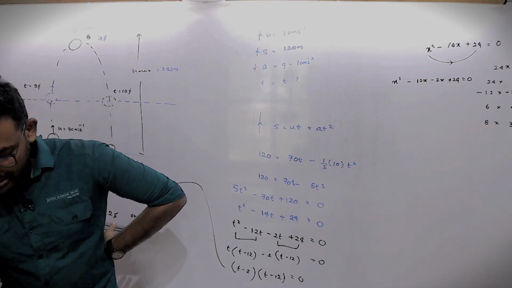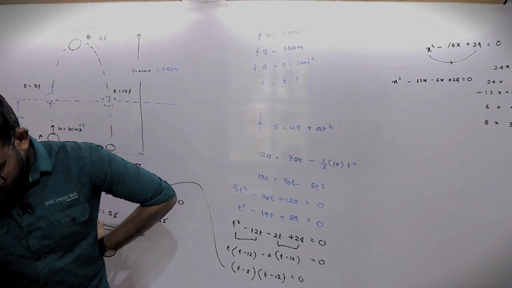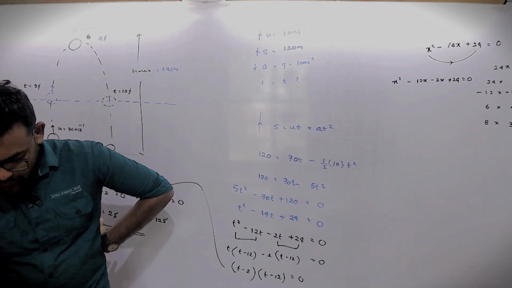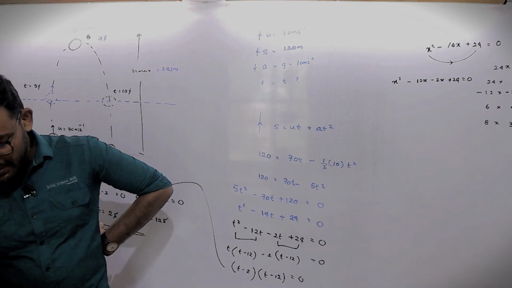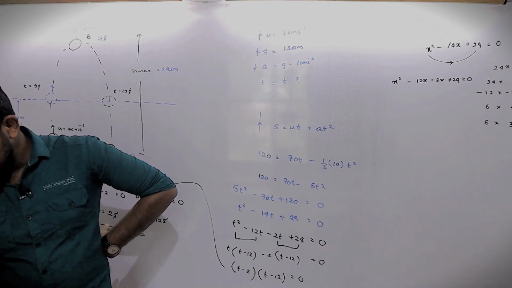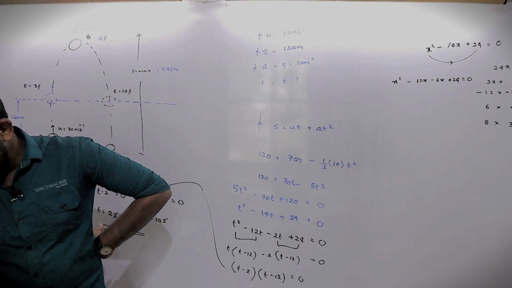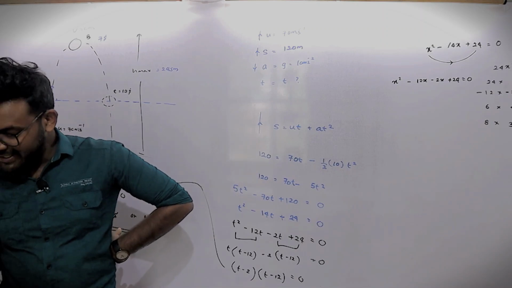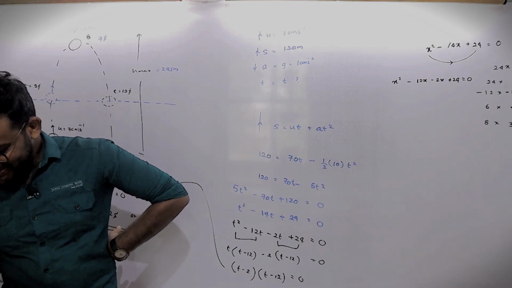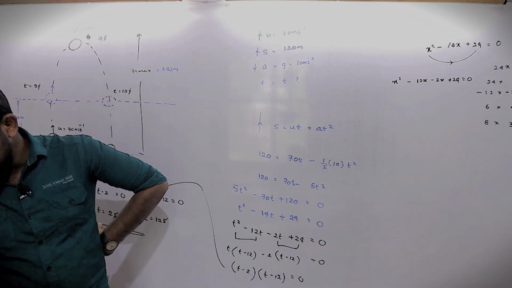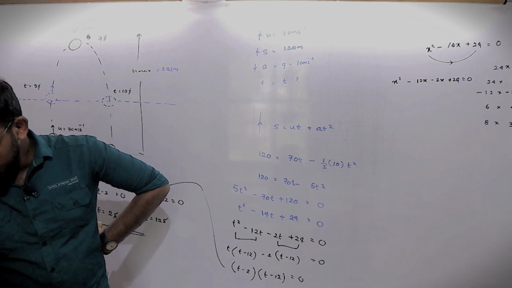You can do the 19th question, 20, 21, 22, 23, all the way up to question 31.